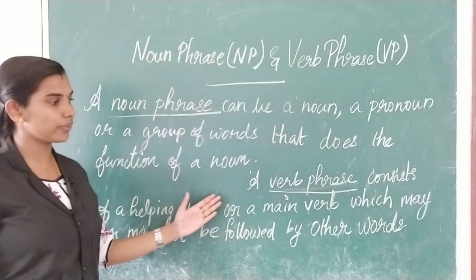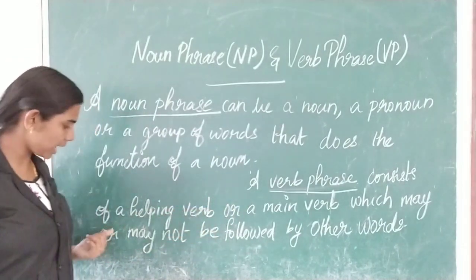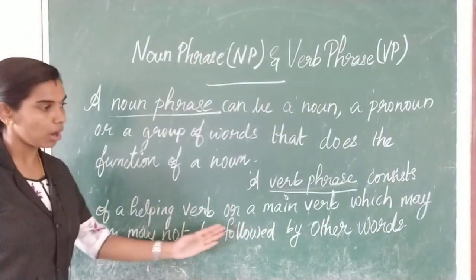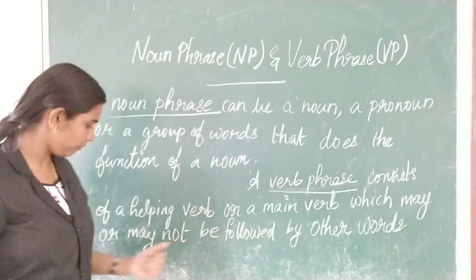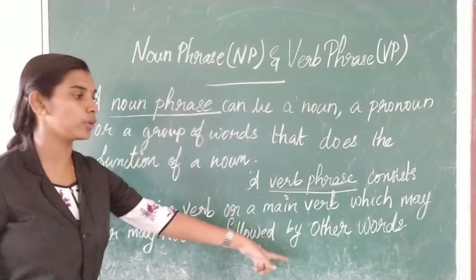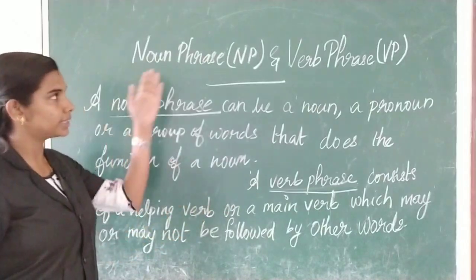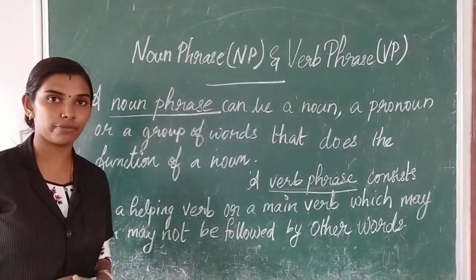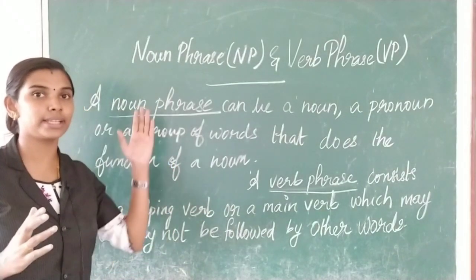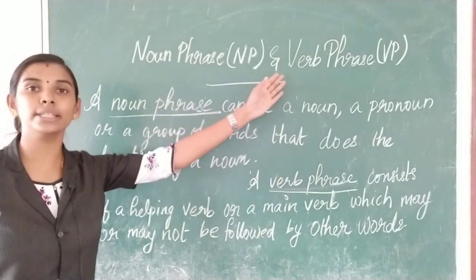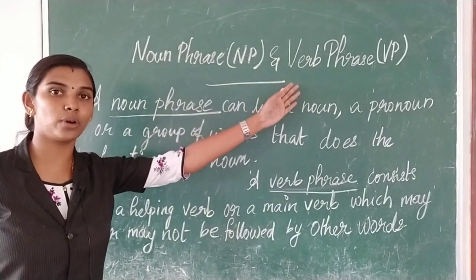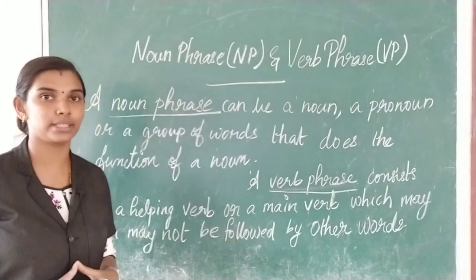What about a verb phrase? A verb phrase consists of a helping verb or a main verb which may or may not be followed by other words. So these are called noun phrase and verb phrase. In a sentence we can see a noun phrase which is immediately followed by a verb phrase.